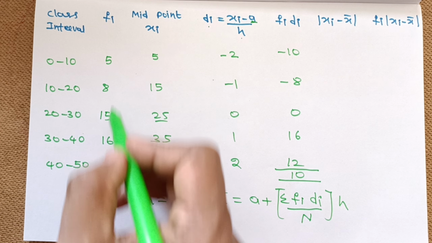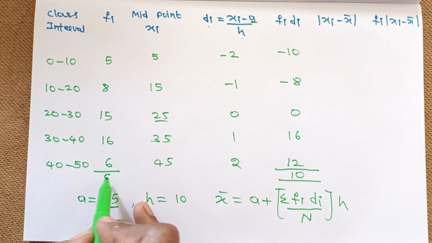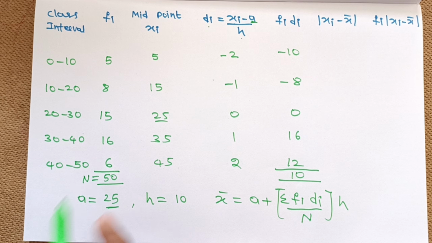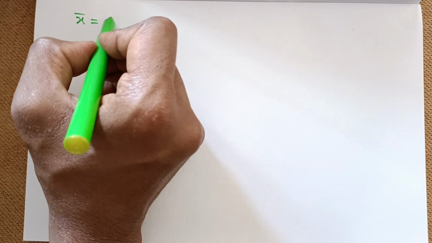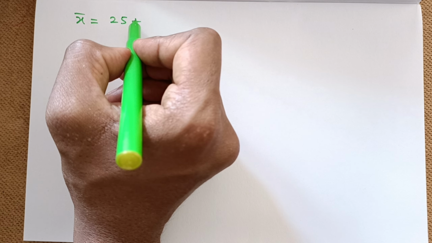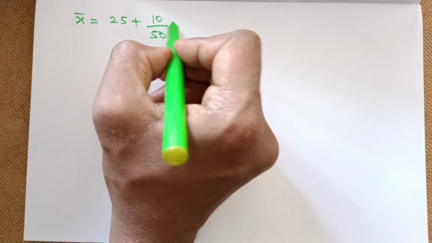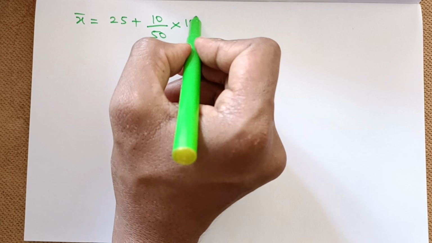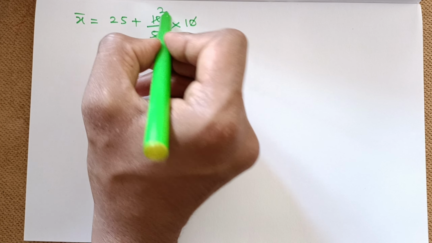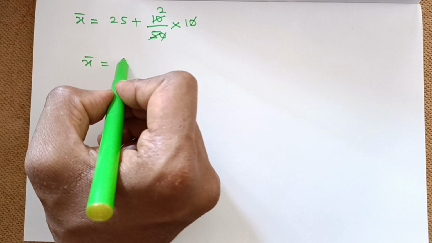Add all these frequencies and you will get 50. This is capital N, and h is 10. Substitute the values: a is 25, sigma fi di is 10, n is 50, h is 10. So x bar equals 25 plus 10 divided by 50 into 10. Clearly the 0s get cancelled. 5 ones, 5 twos. So what is the x bar value? 27.